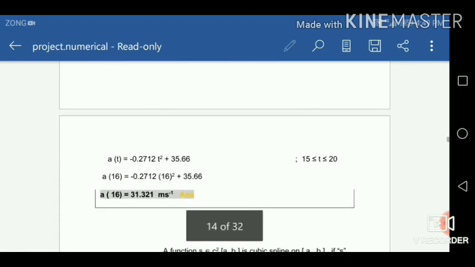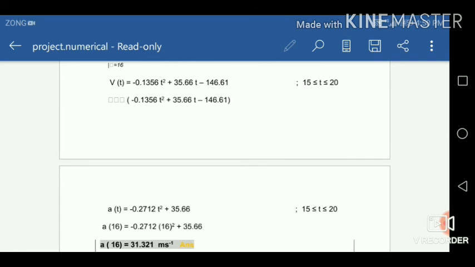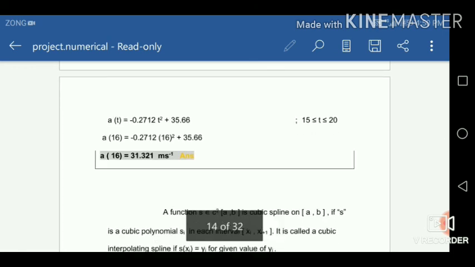So the acceleration is given by taking the derivative of this spline: minus 0.2712 t plus 35.66, and then we put t equals 16 to find the acceleration at t equals 16.